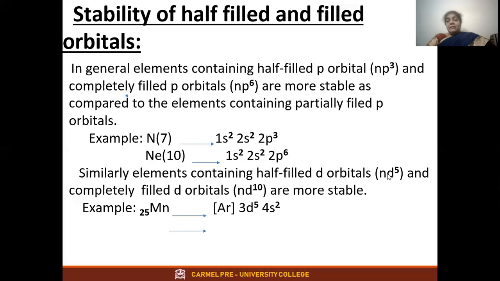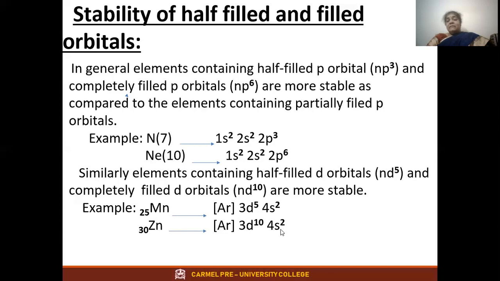Of the 10, 5 are there, which means it is half filled. 5 electrons in the d orbitals means half filled. 10 electrons in the d orbitals means it is completely filled. So if you look at the configuration of manganese, it is 3d5 4s2. Okay, zinc 30.